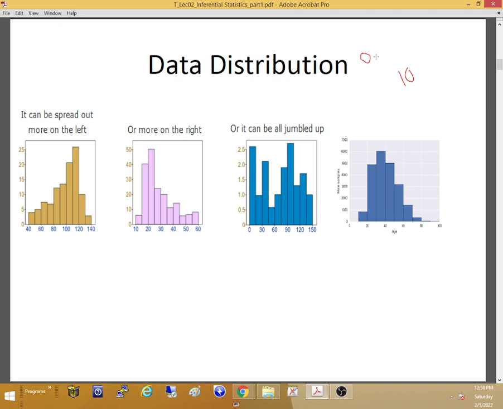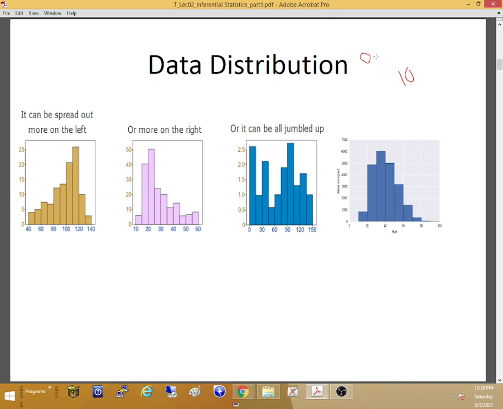So you can draw the histogram like this. This histogram will say something about your data. That means you can find the distribution of your data. If the histogram of your data looks like this, then we can say that your data is spread out more on the left.